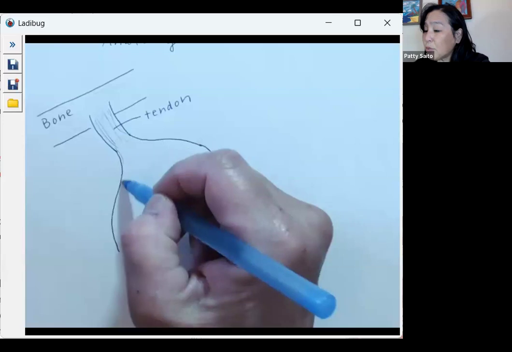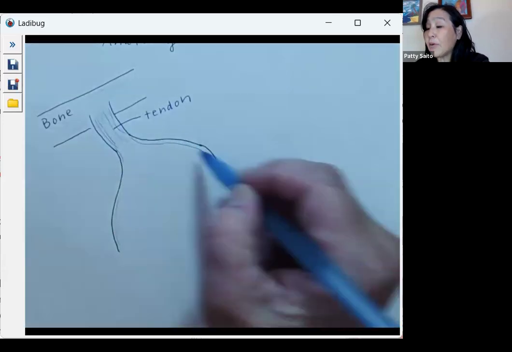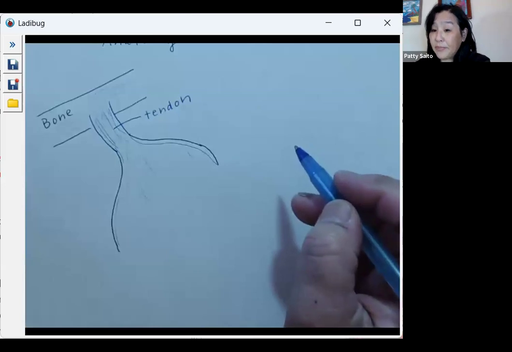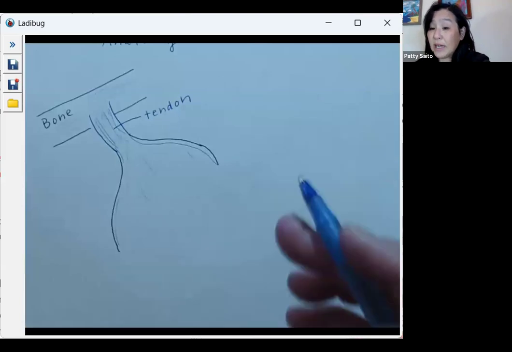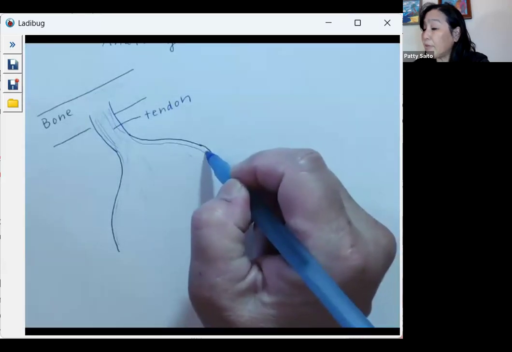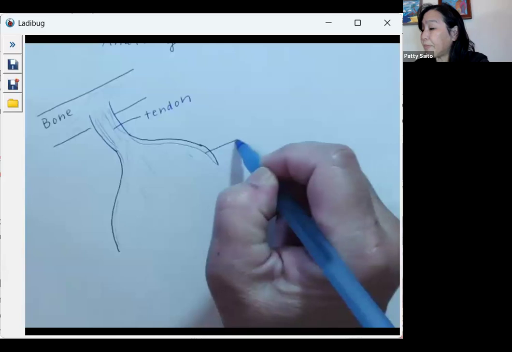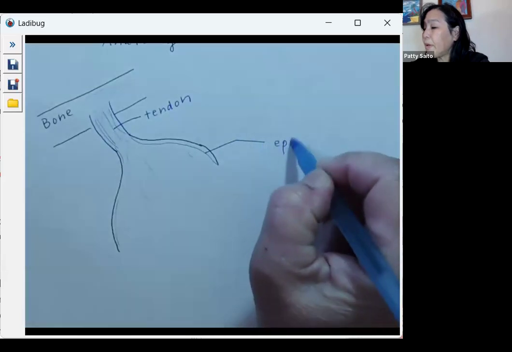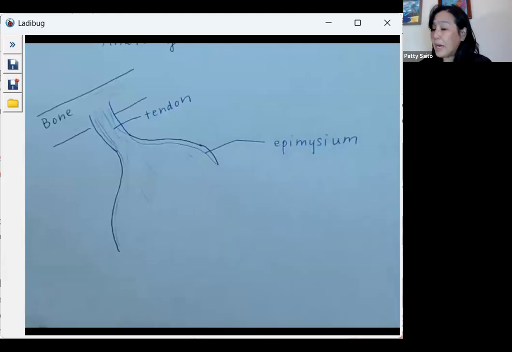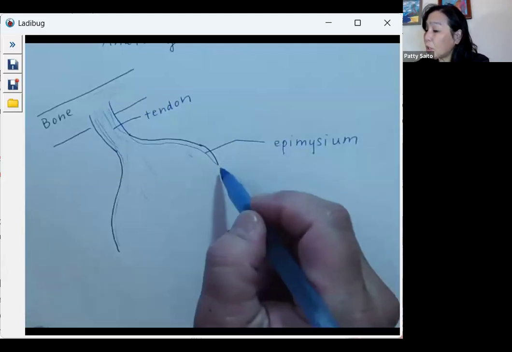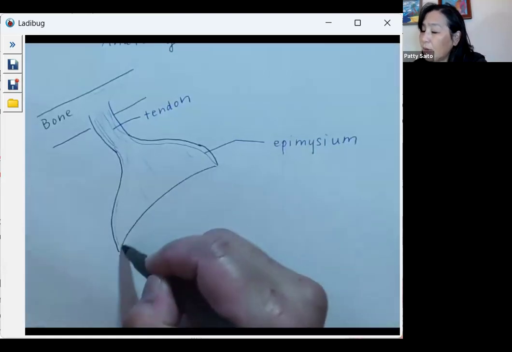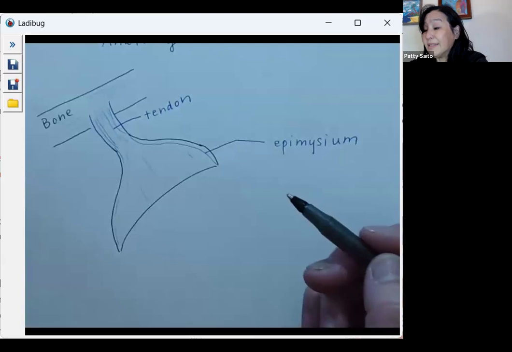When it is surrounding the entire muscle, we call it an epimysium. Epi again means on top or above. So I'm going to draw the connective tissue coverings here. Epimysium.